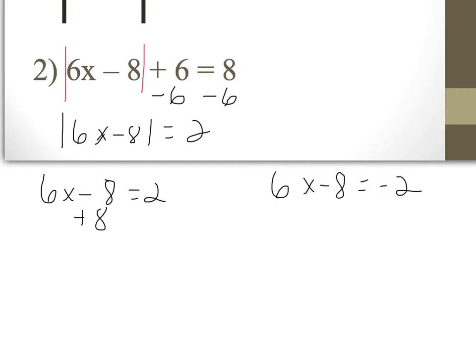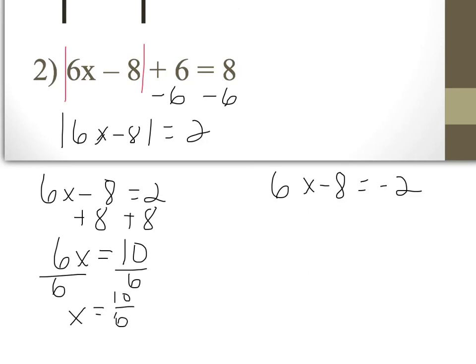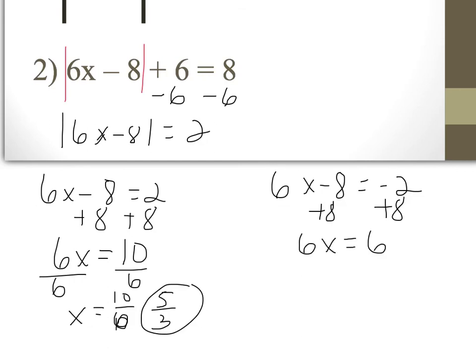Solve for x on both sides and divide by 6. Here you're going to get a fraction. I can simplify 10 over 6. If I divide the top and the bottom by 2, I'll get 5/3. Over here, if I add 8 to both sides, I'm going to get 6x is equal to 6. And here, x is equal to 1. So here are my two answers for x.